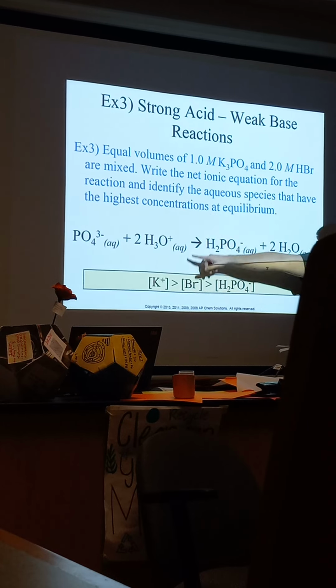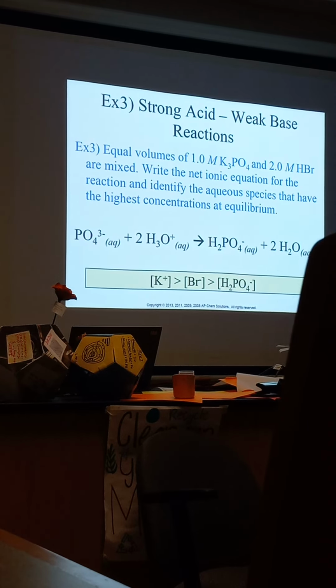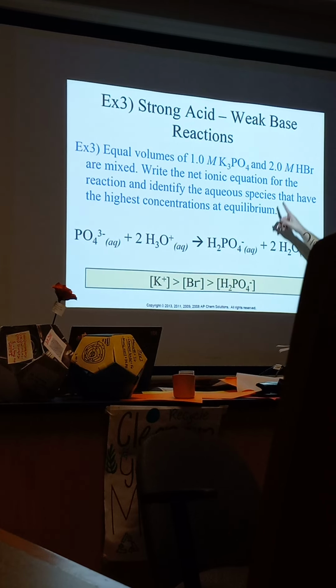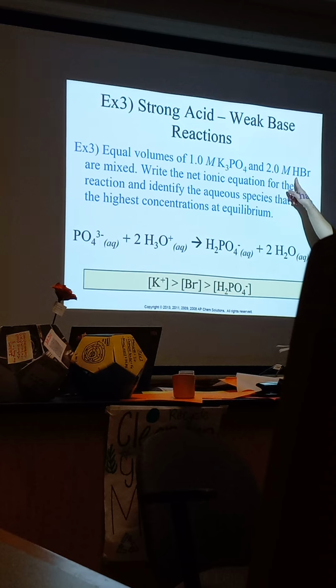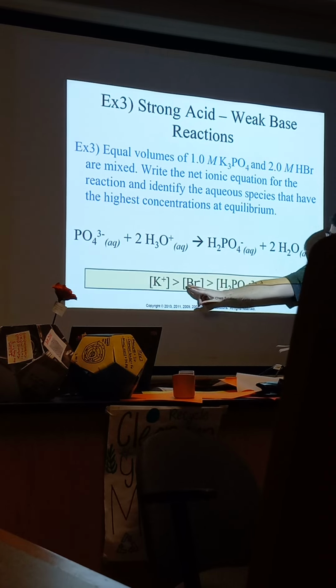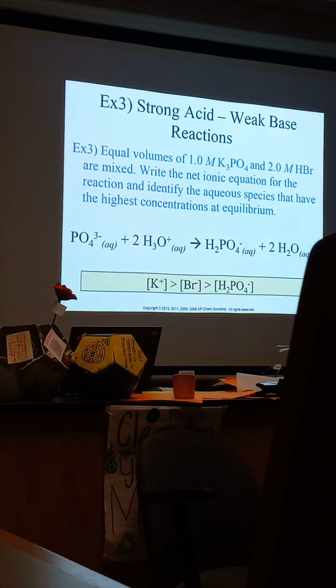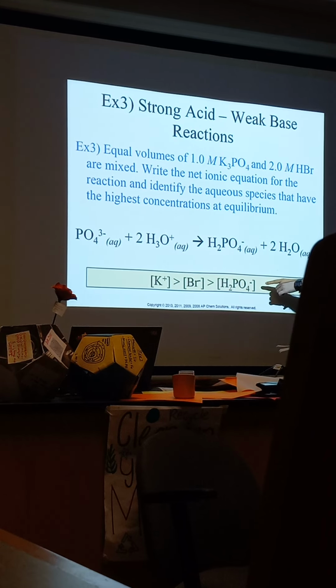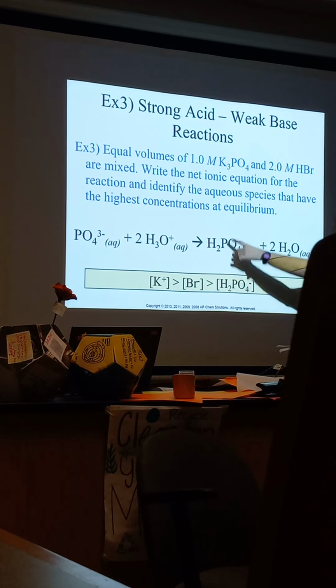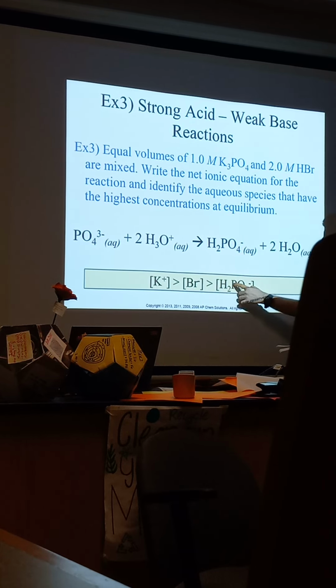So that's why K is always going to be the greatest, because it's a 3-to-1 ratio between the K and the PO4. And then the HBr normally would just be 1, but what do we have up here? 2. So that means it's going to be 2 molarity. And then for H2PO4 minus, the PO4 is the chunk of it. We said there was only 1 of it, so there's just going to be 1 there.